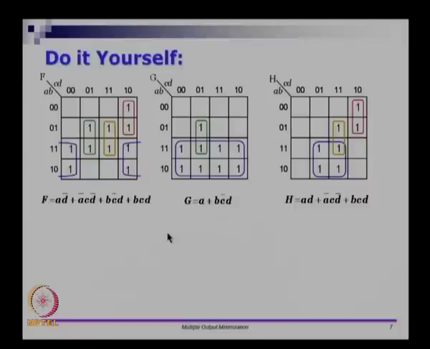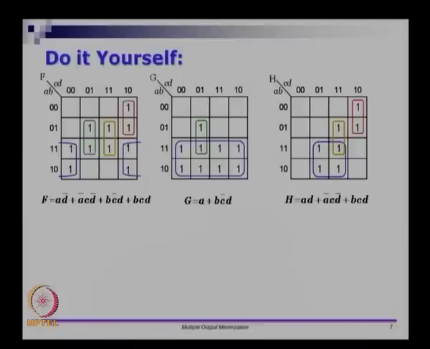These are the groupings that are possible, and I would like you to go and think about what you want to share across what and so on. There is some color scheme that is used here for sharing. I would like you to go and think about why that color sharing makes sense and what is the impact of that grouping. Go and count the number of gates that you have for each one of them.